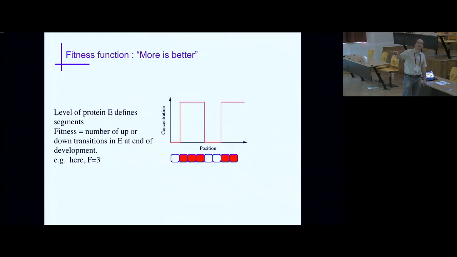So for instance, if I have a profile like this, I am going to say there is 1, 2, 3 transitions, and so I score this network: it has scored 3. And the goal of my evolutionary algorithm is to build a network that increases this number of stripes, so that at the end of my evolutionary process, I have a network with many, many stripes. So that's what I do.